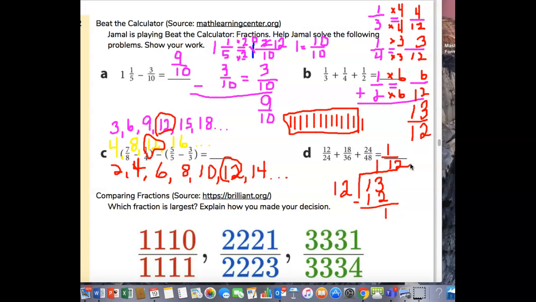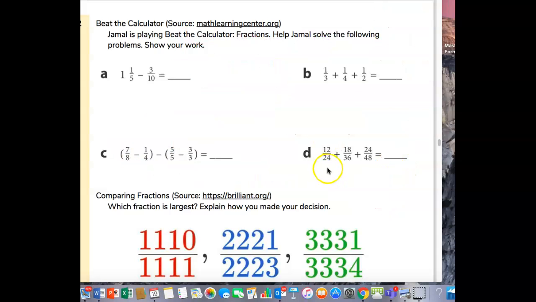So let's take a look at the next one. Okay, now on D, guys, I think they're trying to confuse you, but there is actually a way of finding the common denominator here. It's actually 6,912, but there's actually an easier way to do it.